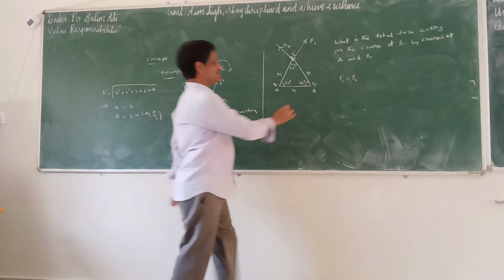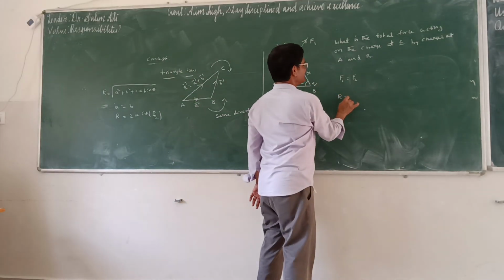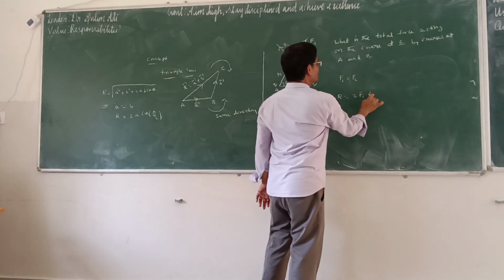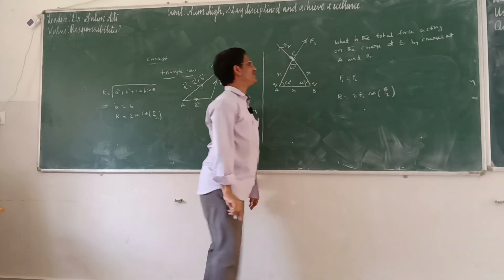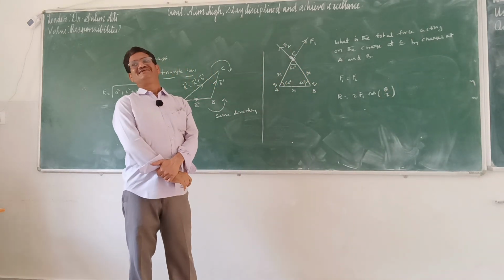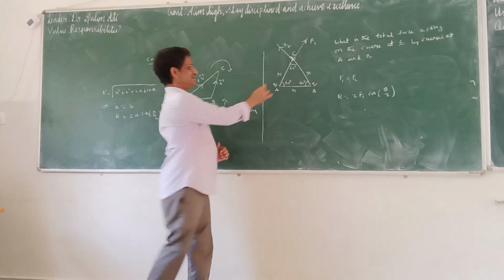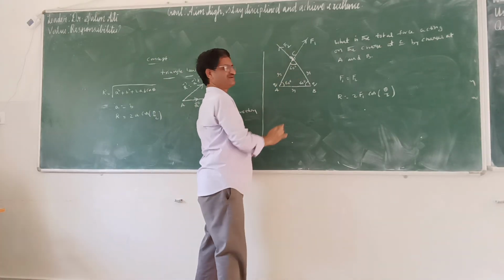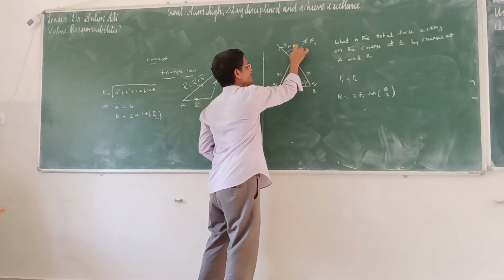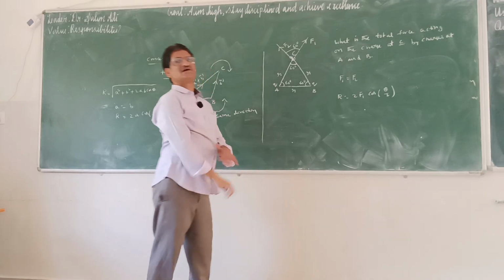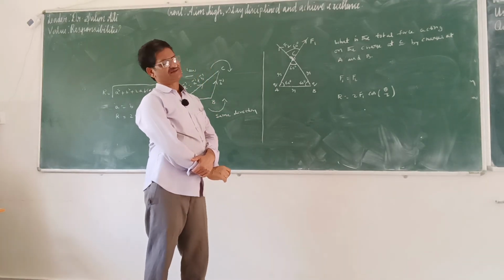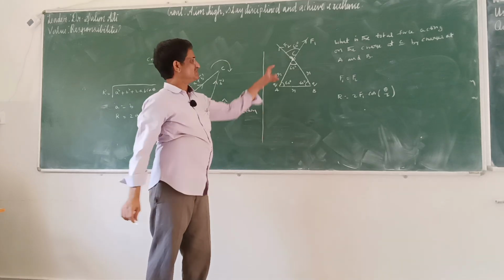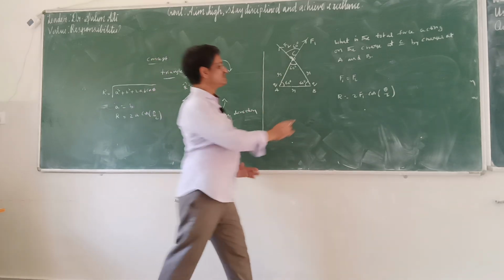So resultant force is equal to 2F1. Next, how to find the angle? Here 60 degrees. Opposite angle? Based on the angle between two vectors definition, that we will discuss later. Okay, so now you find the angle.